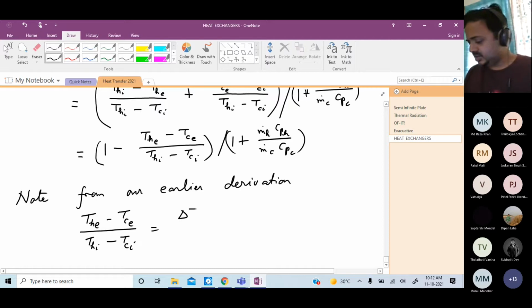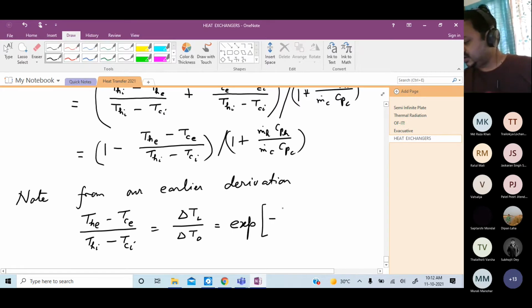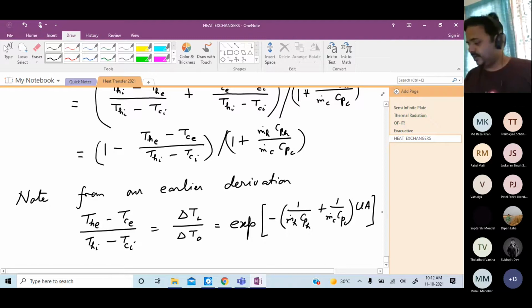This is delta TL over delta T0. This was actually exponential minus one over m dot h CPH plus 1 over m dot c CPC times UA. This comes from earlier derivation.